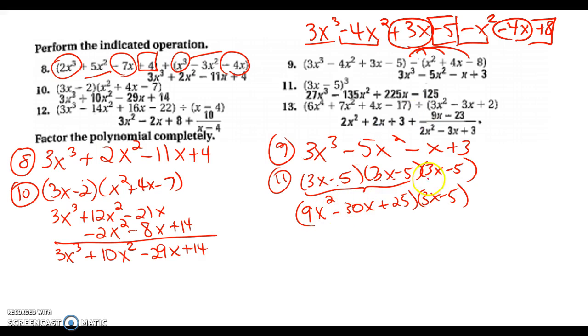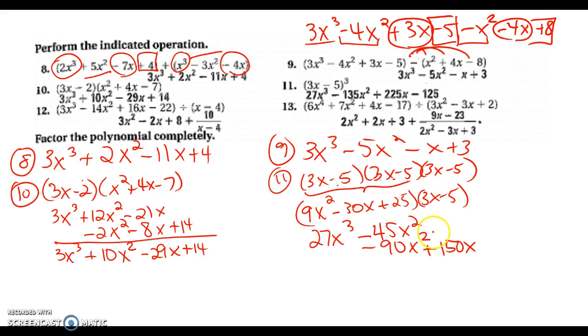All right, 9x squared. This is 27x to the 3rd minus 45x squared minus 30x and 3x minus 90x squared, minus, oops, that'll be a plus 150x, won't it?